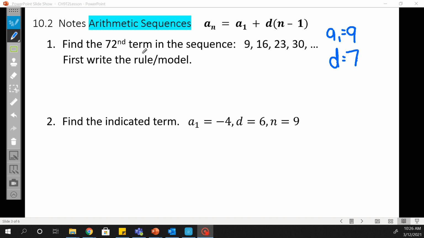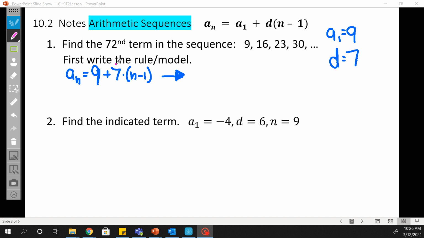The common difference is 7. So the model or rule or formula would be a sub n, so the nth term, is equal to the first term plus the difference times (n minus 1). Now we do want to put this into standard form. All right, so I can do that.